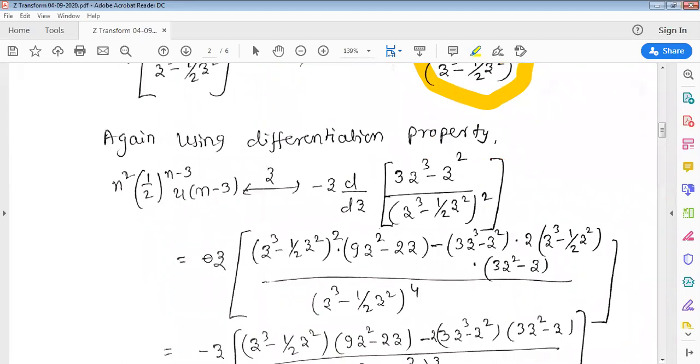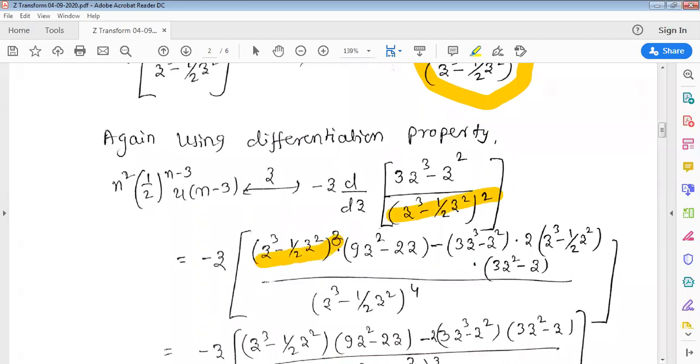Minus z I retained. Derivative of u by v. What's the derivative of u by v? V into derivative of u minus u into derivative of v divided by v square. See here, first term z cube minus 1 by 2 z square whole square.